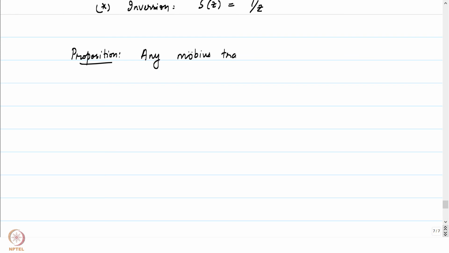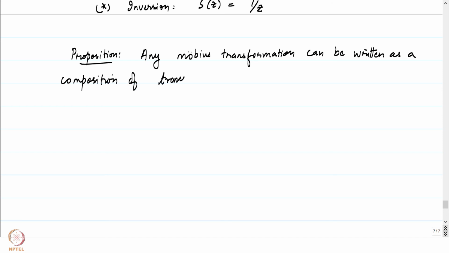Any Mobius transformation can be written as a composition of translations, dilations. Rotations are just a very special subcategory of dilations. Dilations and inversion. Not all of them necessarily appearing.